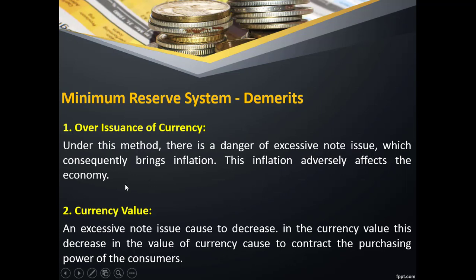Therefore, the government needs to keep an eye on it whenever using the minimum reserve system, so that there are no circumstances in which the government overissues so much that it brings inflation. Whenever any currency is overissued, there are three major problems: inflation, decline in the purchasing power of common people, and decline in currency value. So an excessive note issue can decrease the value of the currency and also contract the purchasing power of the consumer.